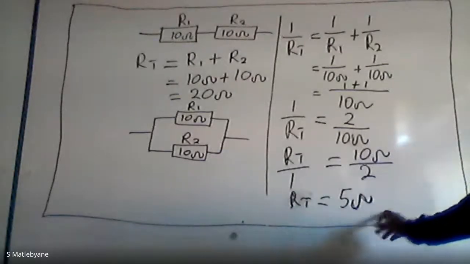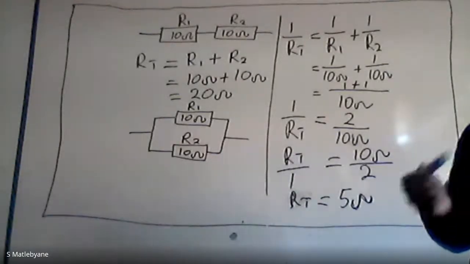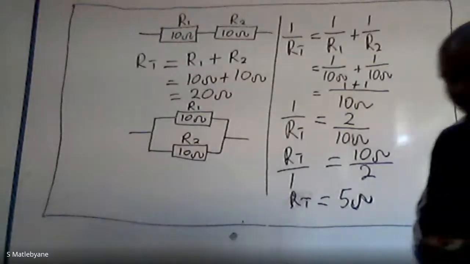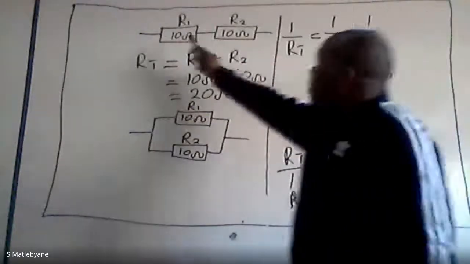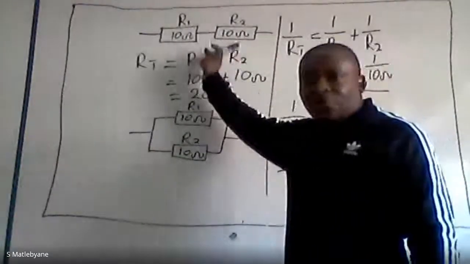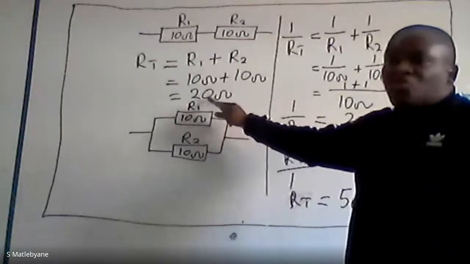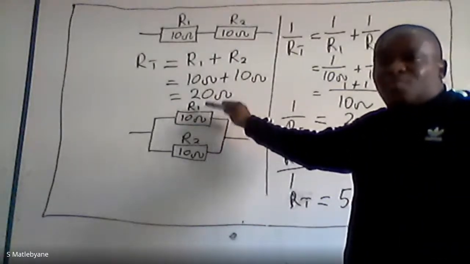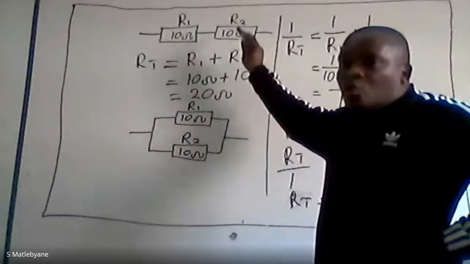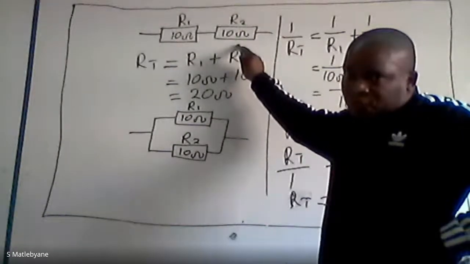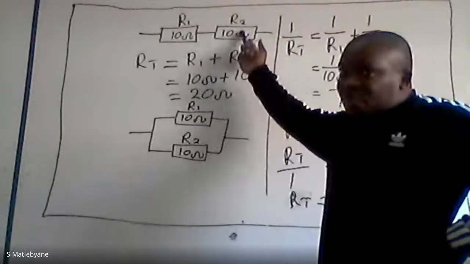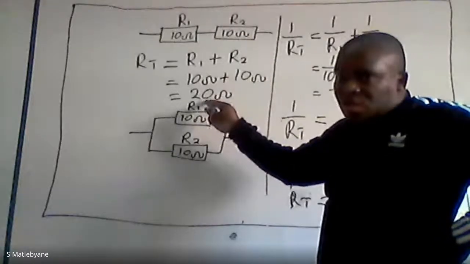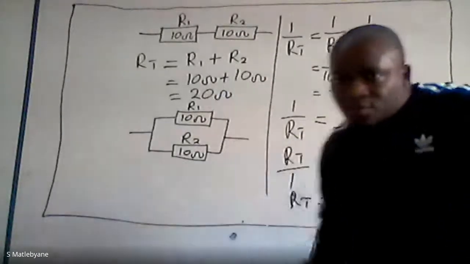Very important. Another way to check if your answer is correct in the examination, when they are connected in series, the answer that you get here must be bigger than the value of the biggest resistor that you have. So if the biggest resistor is 10, the answer that you get here must be bigger than 10.